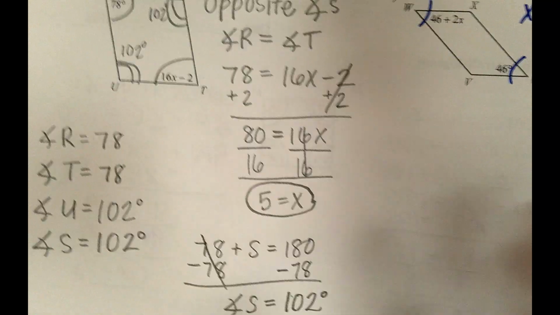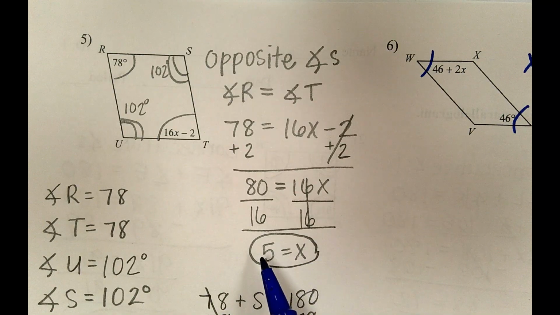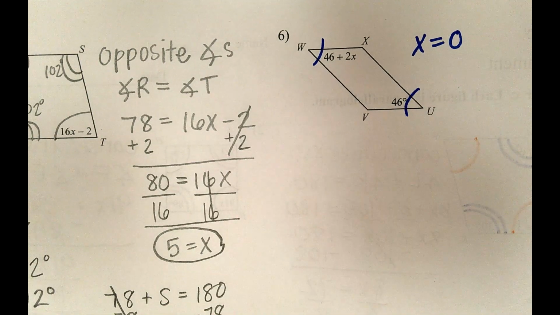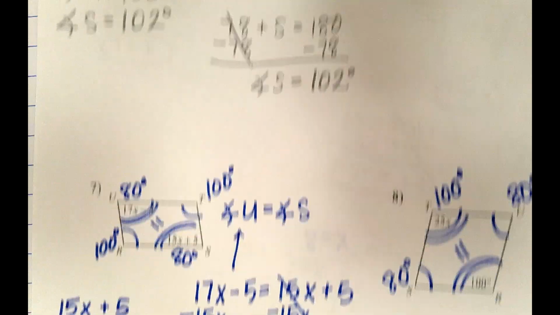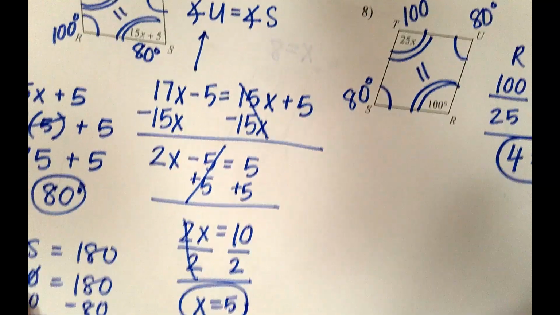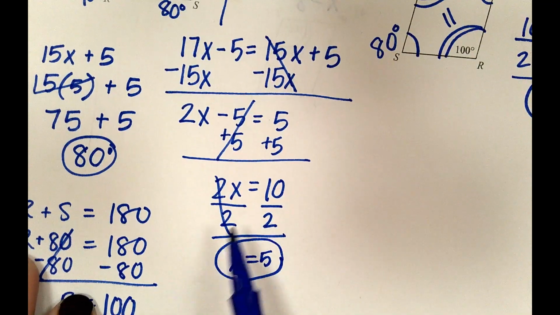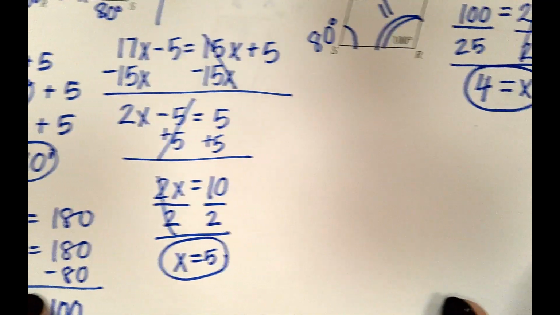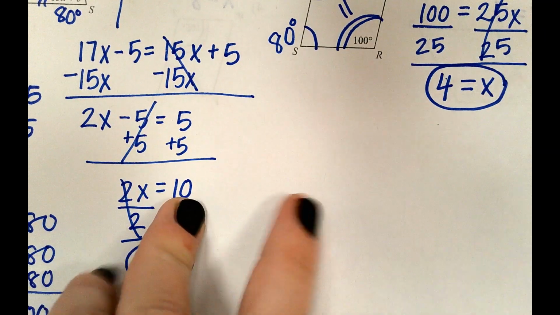Go to the next page. Number 5, we did together. We found that x equals 5. Number 6, x equals 0. Number 7, x equals 5. We did that one together as well. Same with number 8, x equals 4.